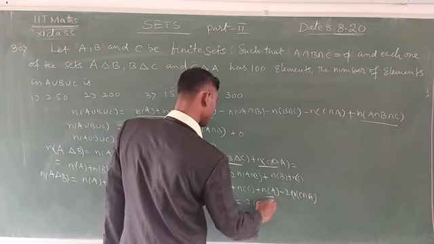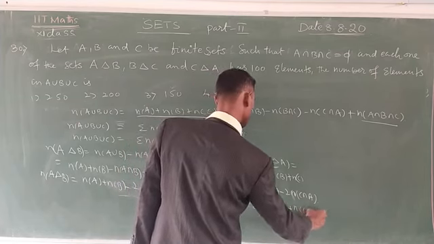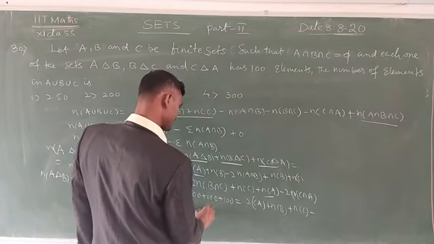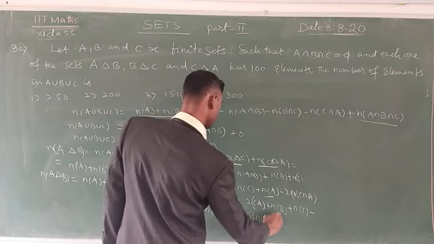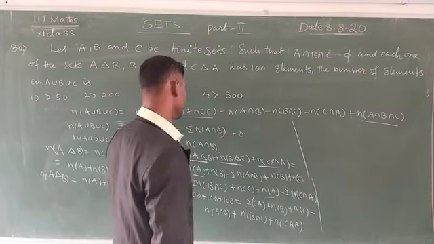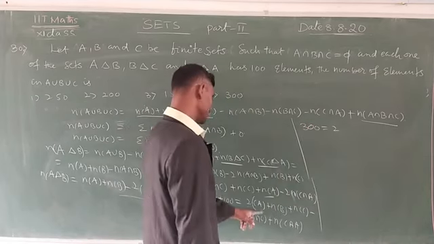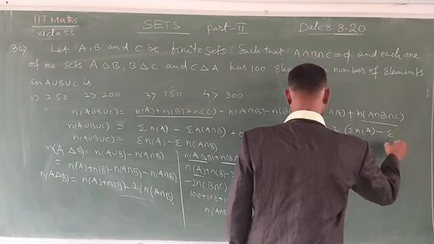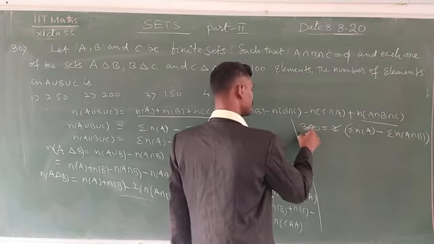Then 2 times n of A plus 2 times n of B, that means 2 times n of A plus n of B plus n of C, minus 2 times n of A intersection B, B intersection C, and C intersection A. Now 100 plus 100 plus 100 is equal to 300. 300 is equal to 2 times sigma n of A minus summation of n of A intersection B. Now 2 ones are 2, so 150.